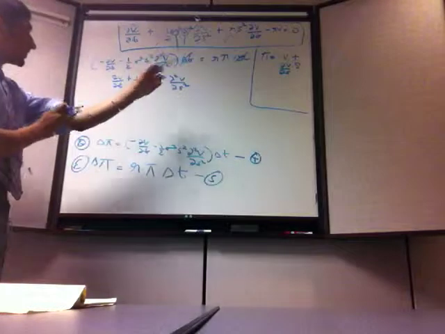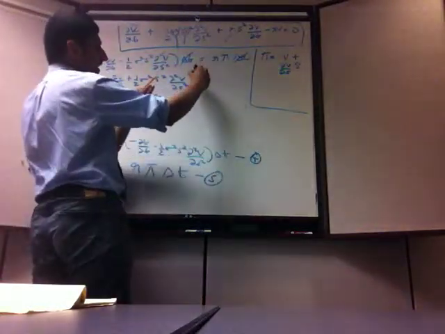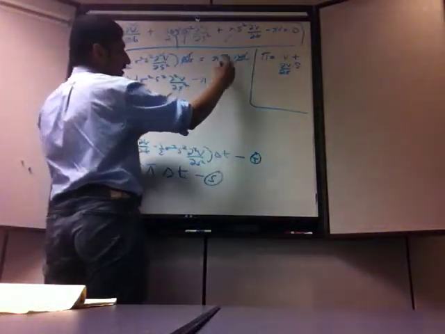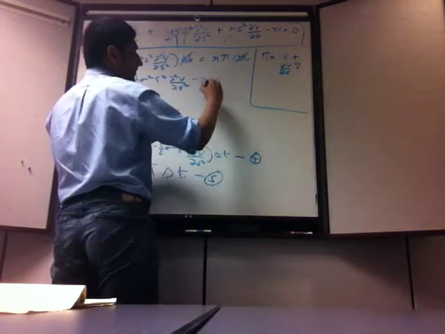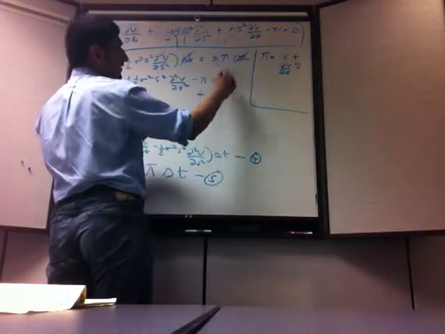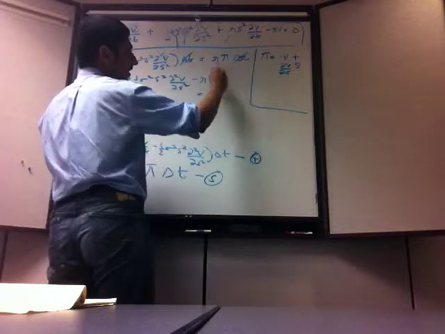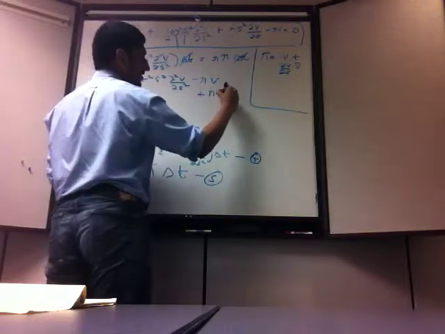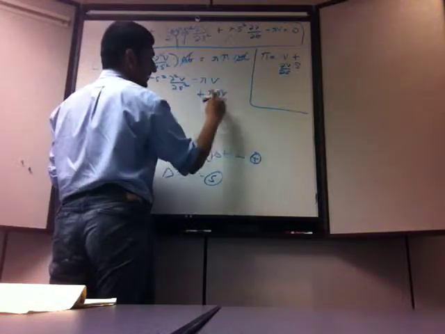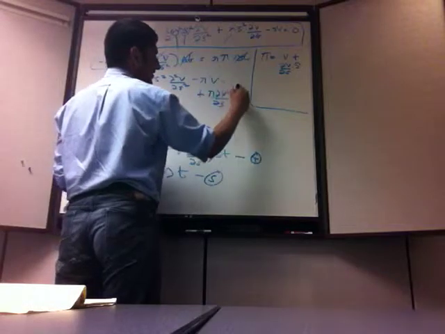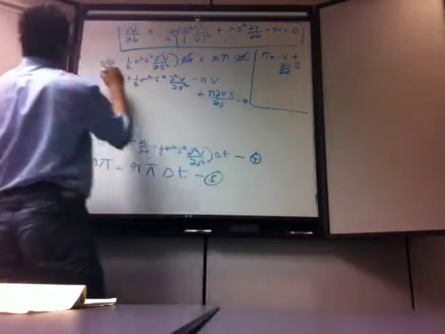So we want to say plus r pi, minus r times v plus r times dv by ds into s is equal to 0.